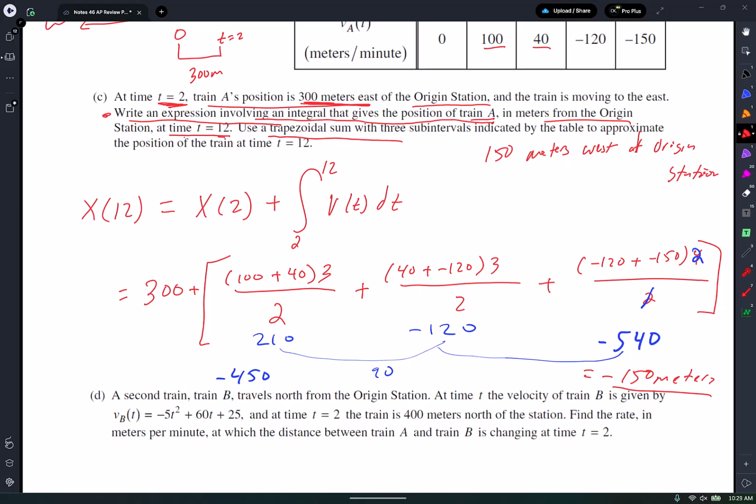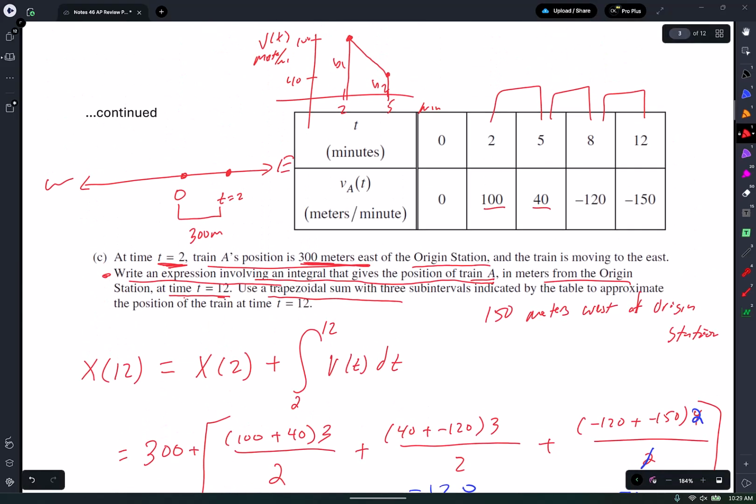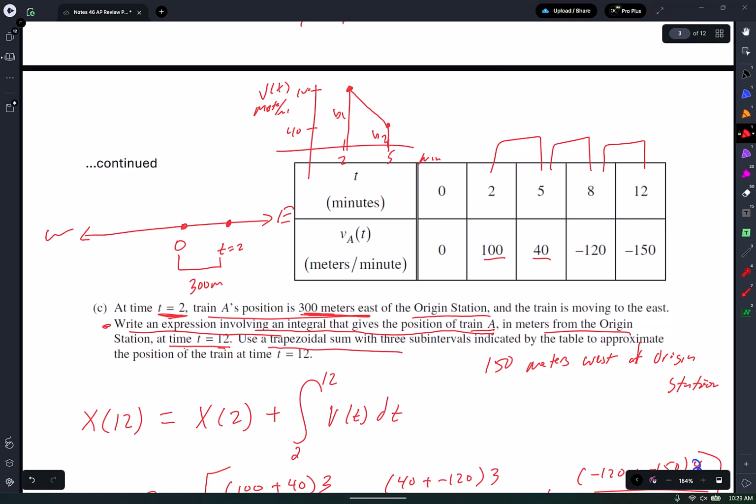This means area under the curve. So I found area under that curve, but what did I use? I used the trapezoidal method. So all I did was I found area of a trapezoid, base 1 plus base 2 times height divided by 2, and I'm going to give you this little area. And if I keep doing that for all these trapezoids and add them all up, that's going to be my displacement.